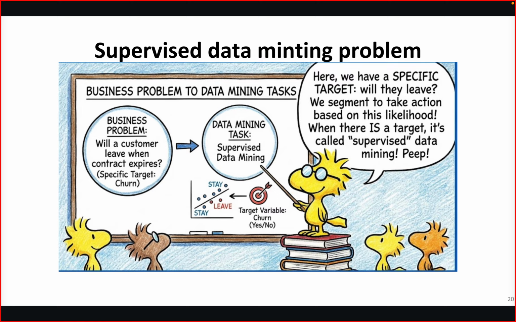So there is a target variable, yes or no. It's a label, either yes or no. When we have this kind of target variable, we call it supervised.